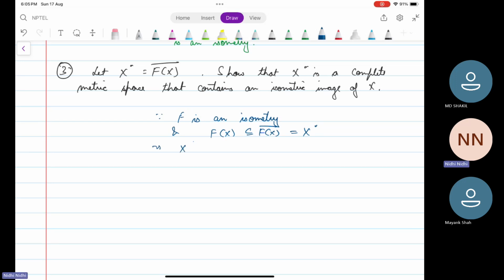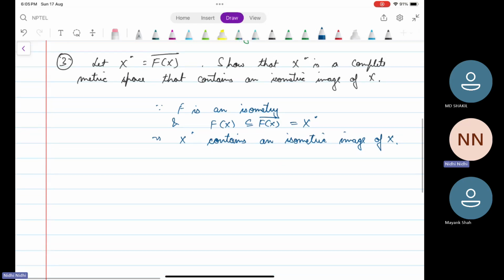This implies X star contains an isometric image of X.